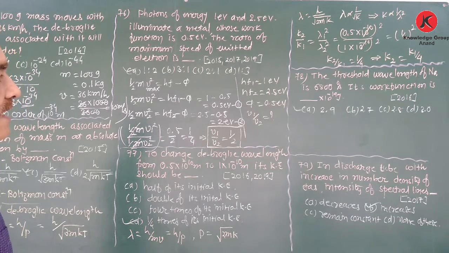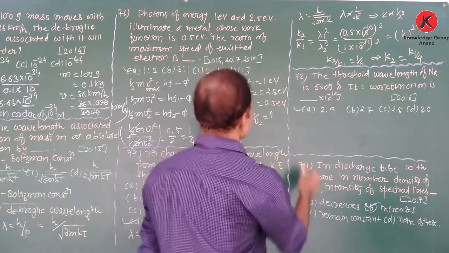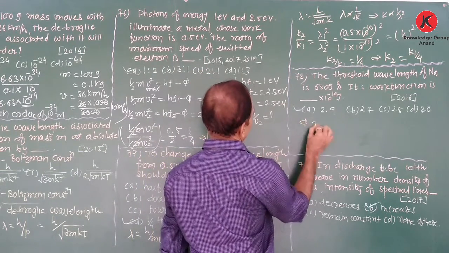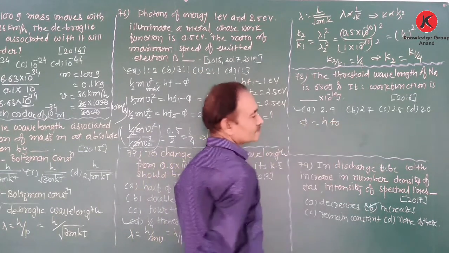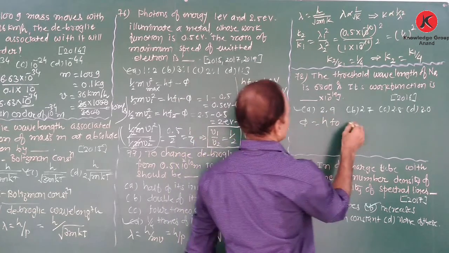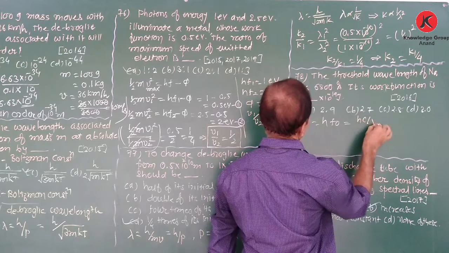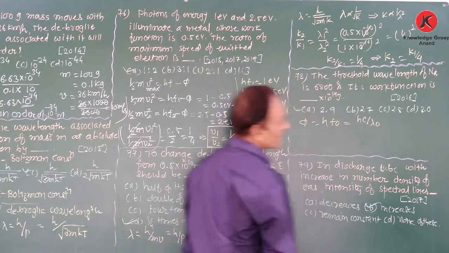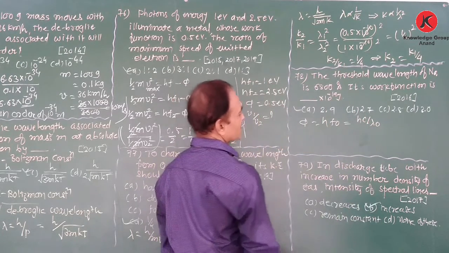Okay, now next: the threshold wavelength of sodium is 6,800 angstrom. So its work function is... Now we know that the work function phi is equal to h f0. Instead of the threshold frequency, the threshold wavelength is given, so it is hc upon lambda 0.